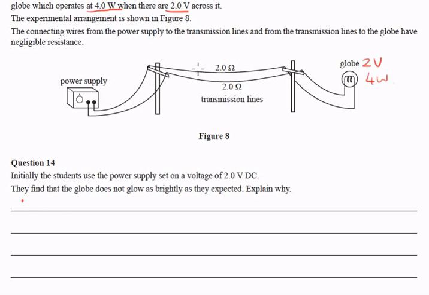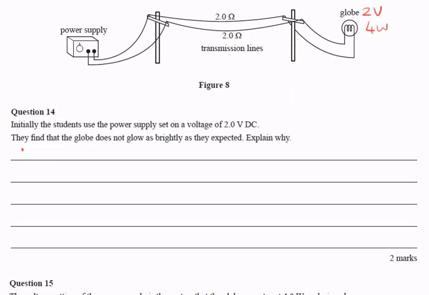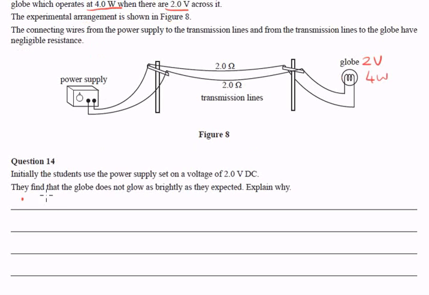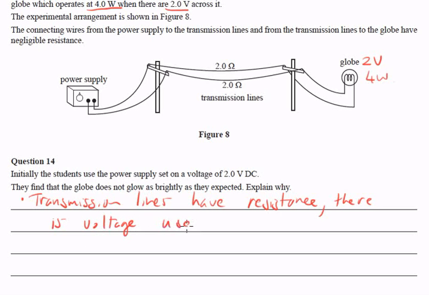So the reason here, this is a 2-mark question, is the first dot point is that the transmission lines have resistance. And because they have a resistance, there is voltage used in them.